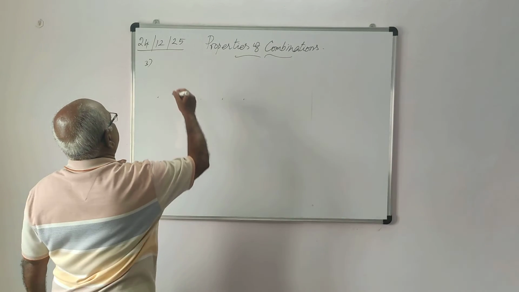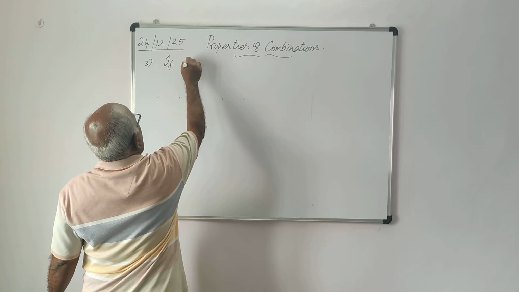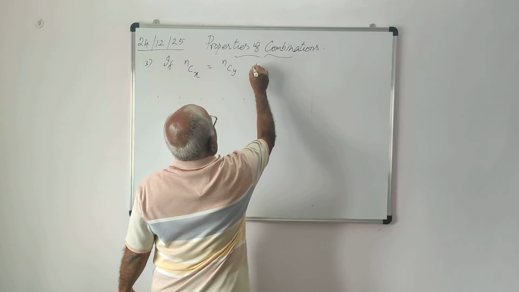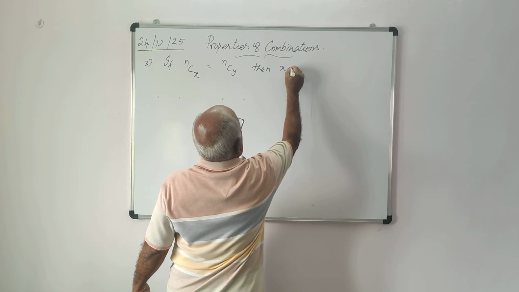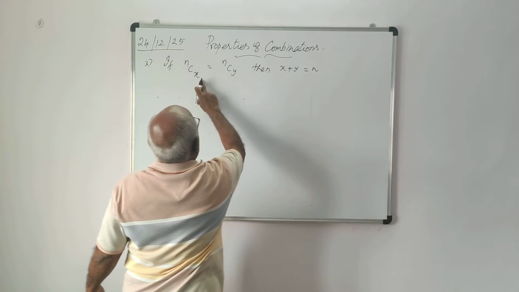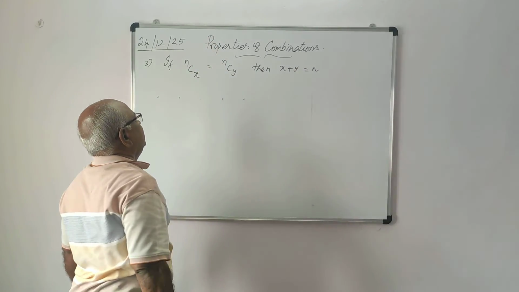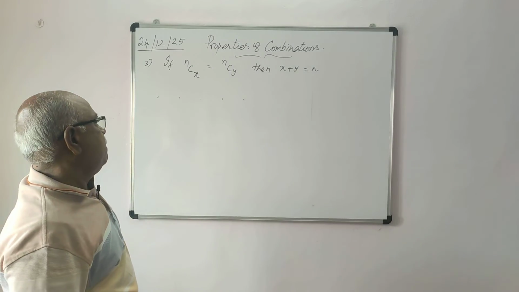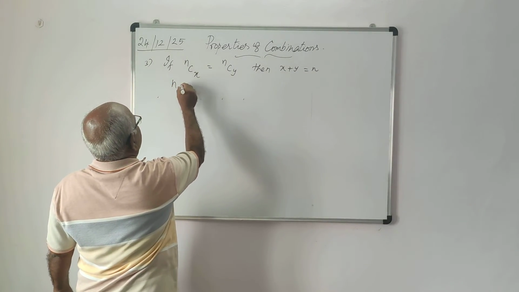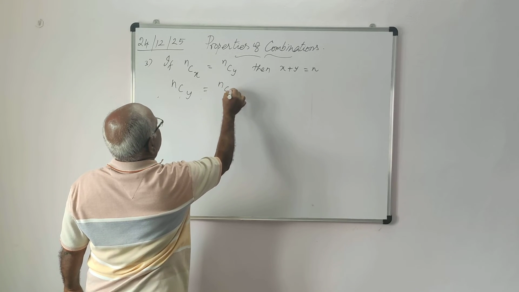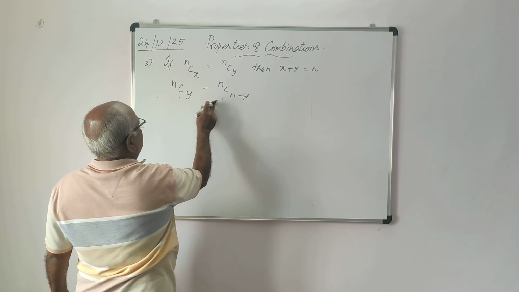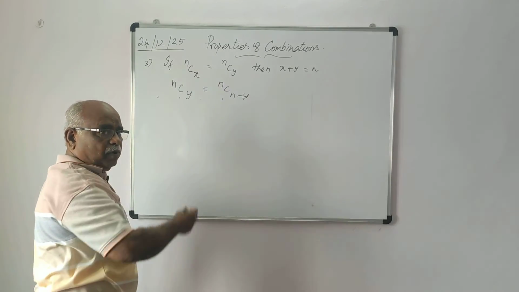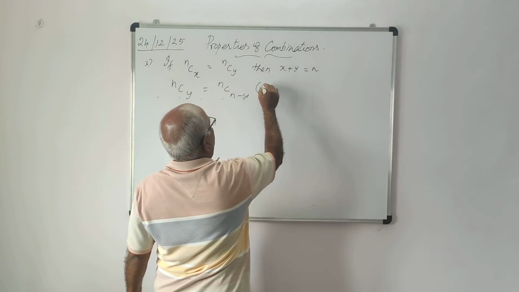Next, third property: if nCx equal to nCy, then x plus y equal to n. If nCx equal to nCy, then x plus y equal to n. nCy can be expressed as nC(n minus y) by the previous property 2.